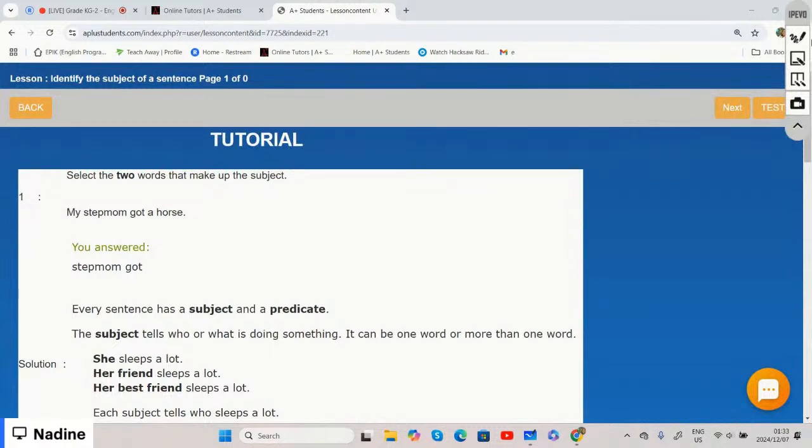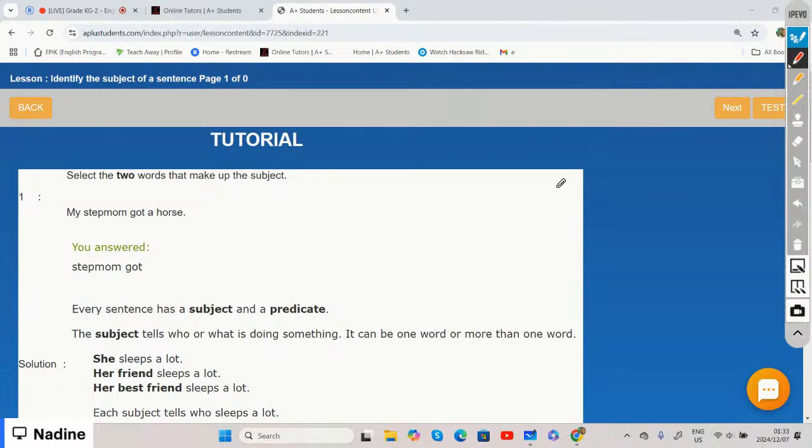So we need to select the subject. And if we select the subject, then my stepmom is the subject. That tells us who got a horse. So my stepmom, because now it tells us who got the horse.